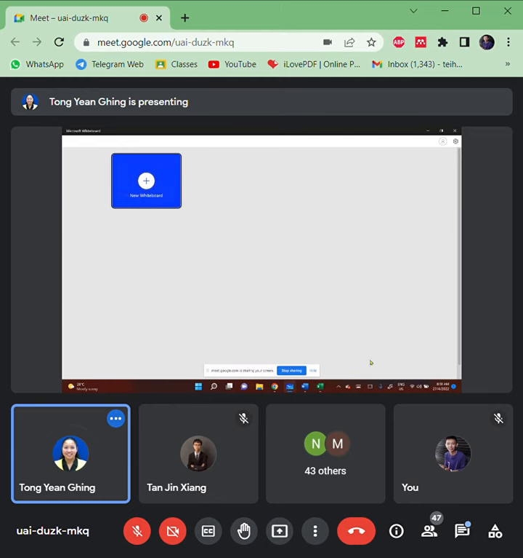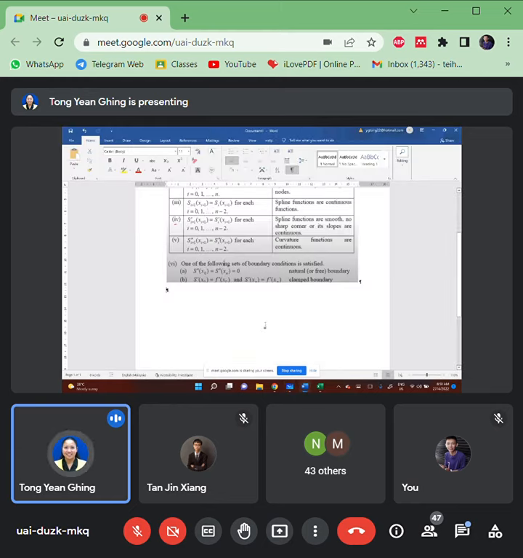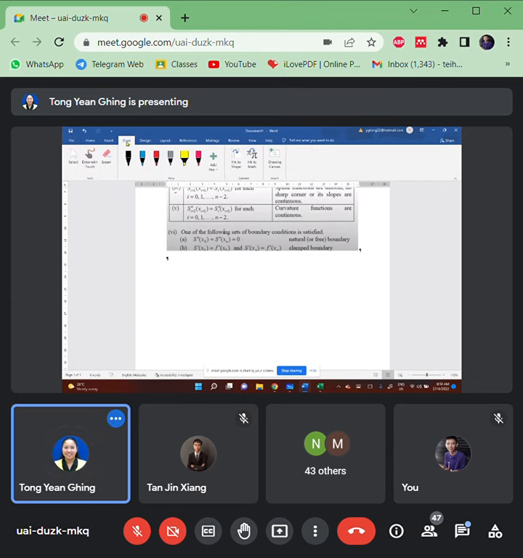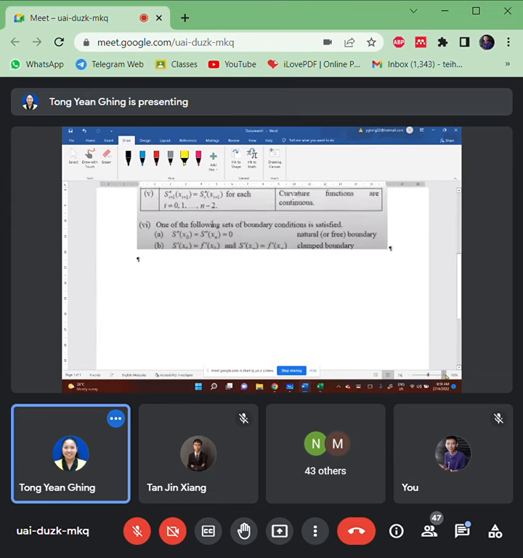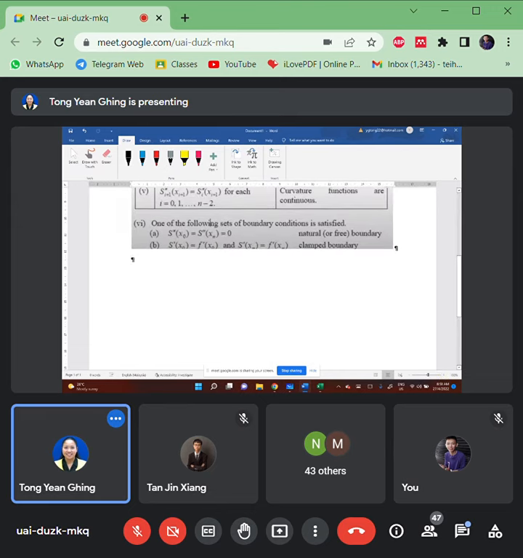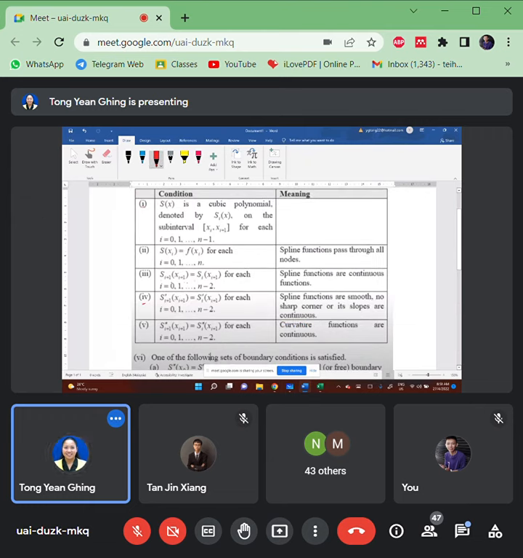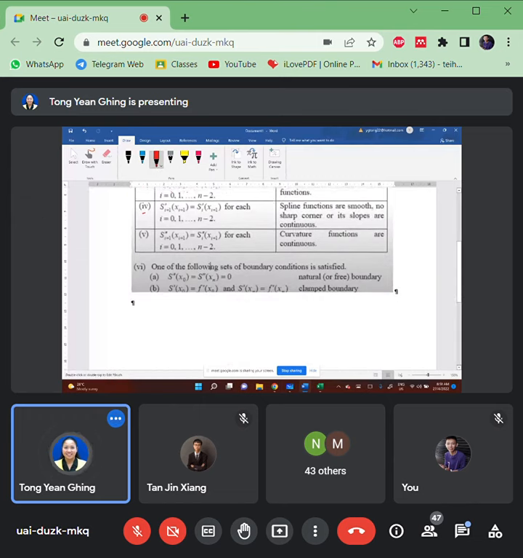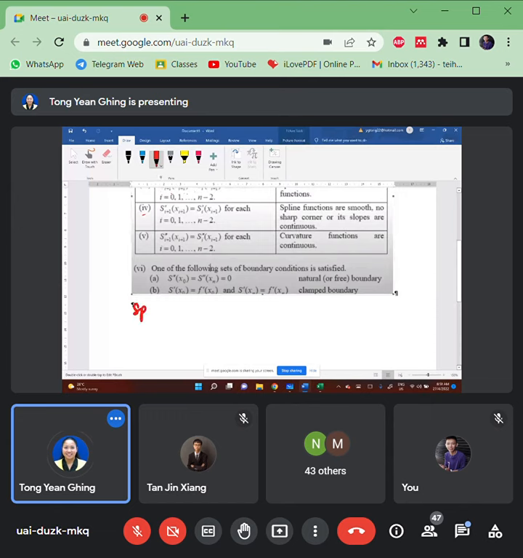Never mind lah. Okay, this one, okay? So, draw. So we go to the criteria number 2. This one, criteria number 2. It said that the spline function passing through all nodes.